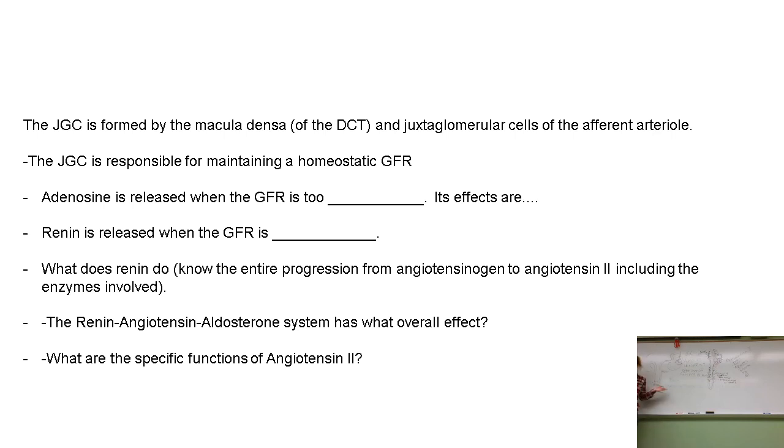To fix that, right? Overall, the function is to increase GFR so we can keep filtering the blood. The ultimate goal of the renin-angiotensin-aldosterone system is to increase blood pressure and to increase blood volume. That's how it increases glomerular filtration rate.